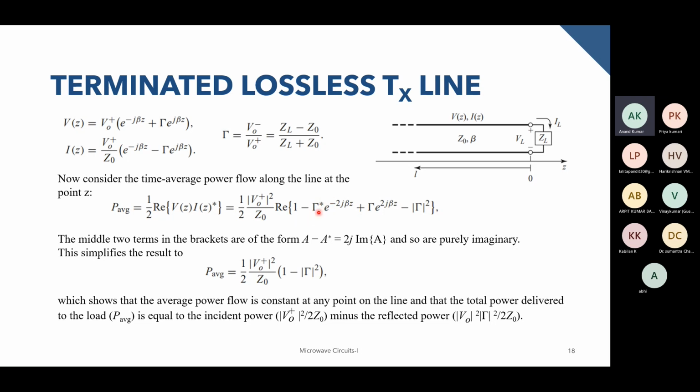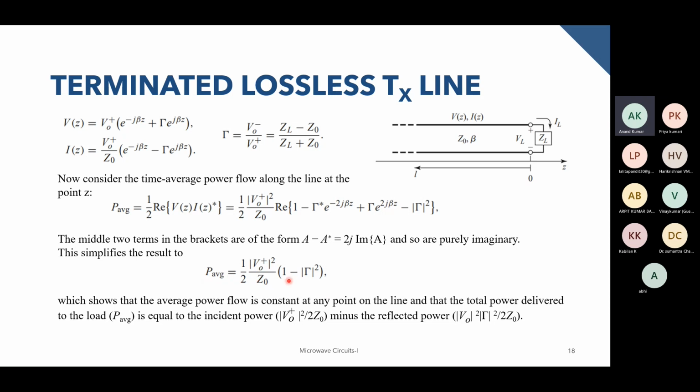The gamma conjugate and gamma terms are of the form A minus A conjugate, which evaluates to a totally imaginary number. So we can ignore this, and taking the real part, we get 1 minus gamma square. This is how the power looks.